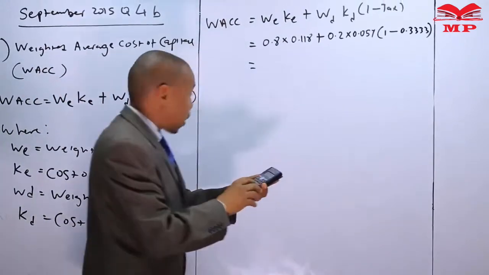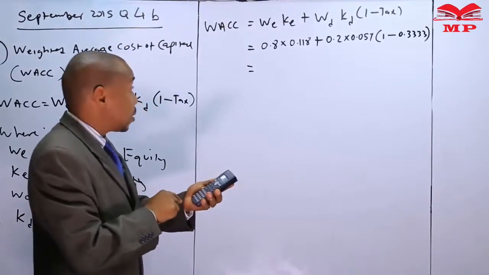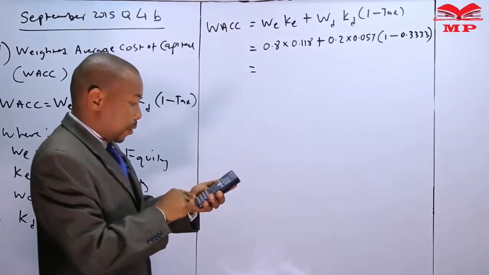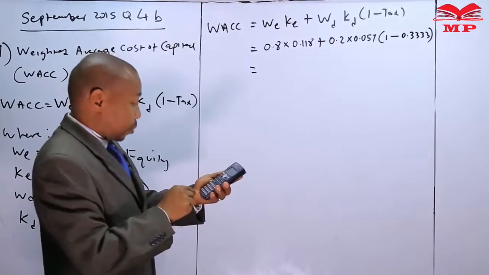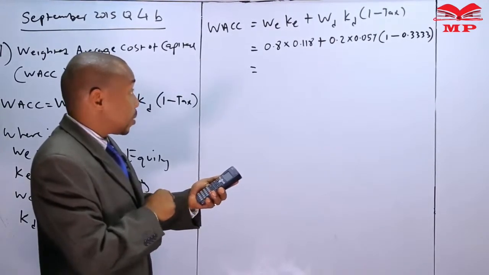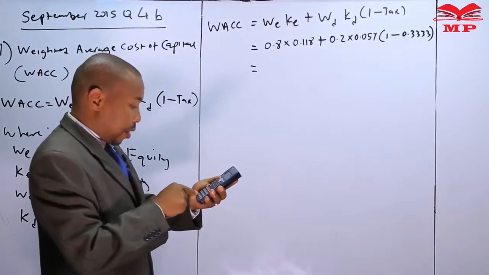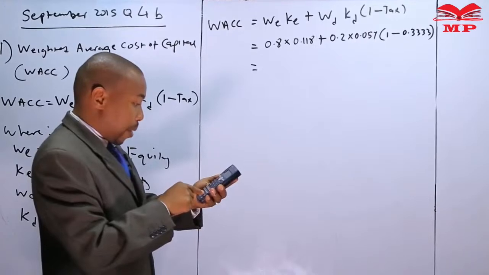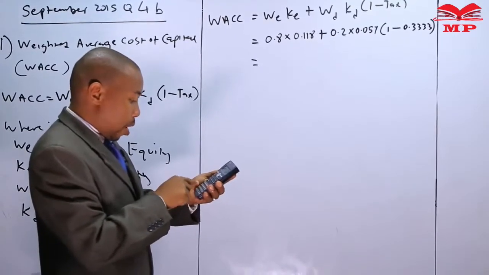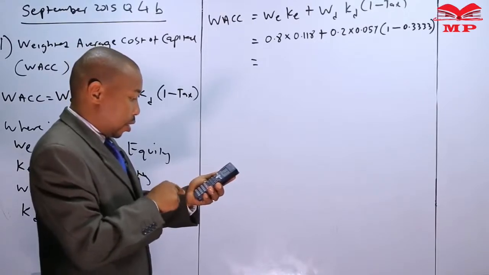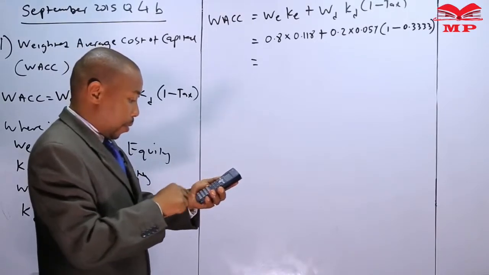So the weighted average cost of capital is 0.8 times 0.118 plus 0.2 times 0.057, and then that you multiply by 1 minus 0.333. Close the brackets again.